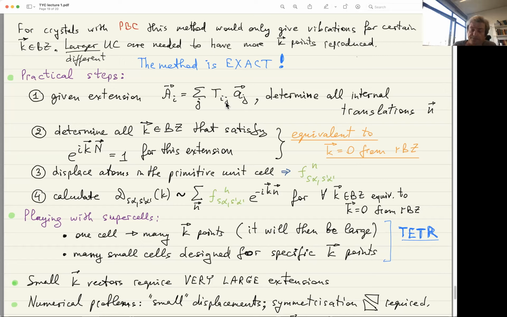So there's a way to consider displacements only associated with the k points of interest. You took a particular extension, and you have k equals 0, k1, k2, k3, say, with that extension. You calculated the frequencies for these k points.